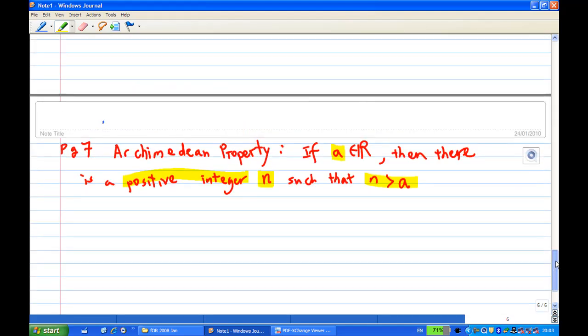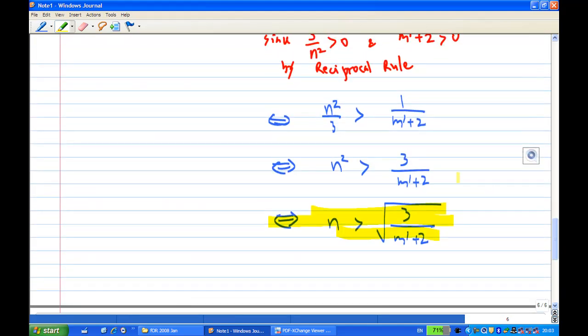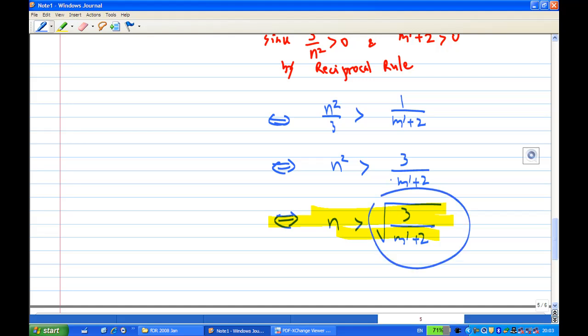In this case, my real number a is the square root of 3 over m prime plus 2. Is it possible to find a positive integer greater than this a? Yes, such an integer exists by the Archimedean property.